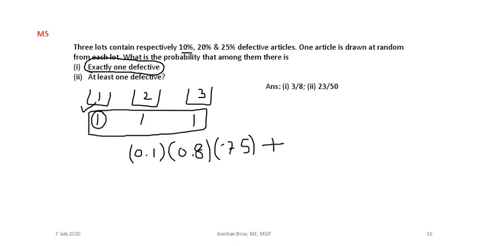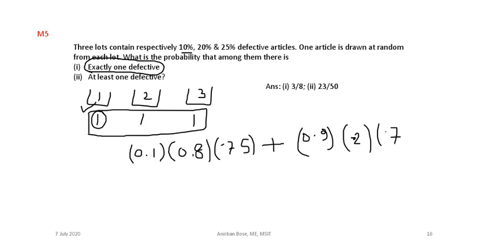So this is one of the cases in which that one item will be defective. Or it can be that the sample coming from lot 1 is not defective, the probability is 0.9. The sample coming from lot 2, maybe that is defective, say that probability is 0.2, and the sample which is coming from lot 3 is also not defective.